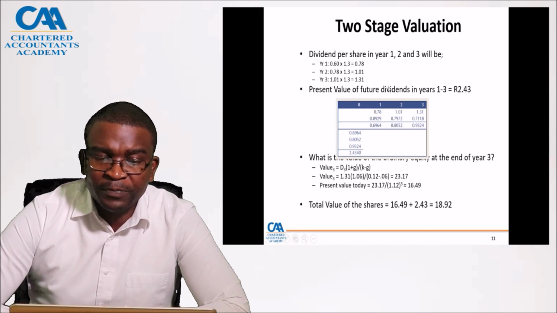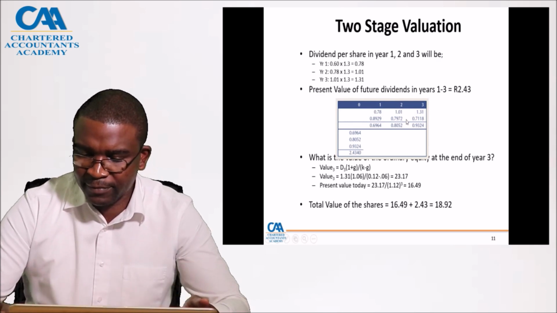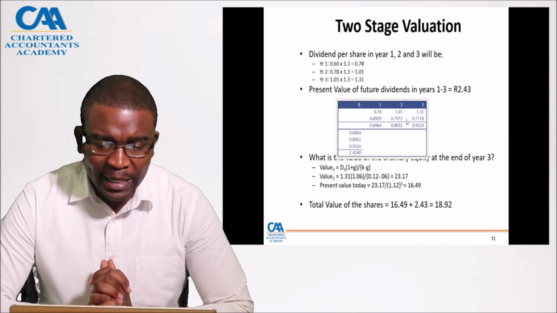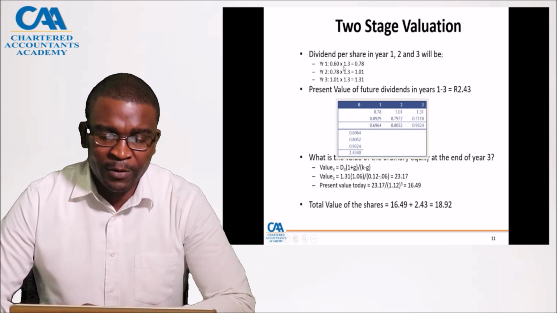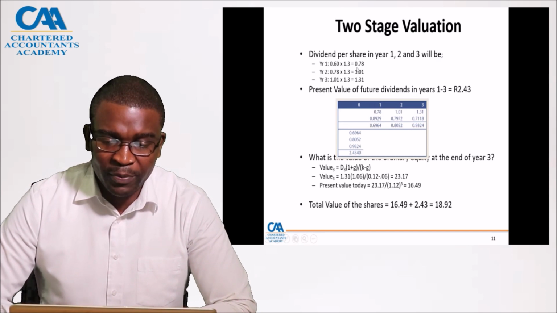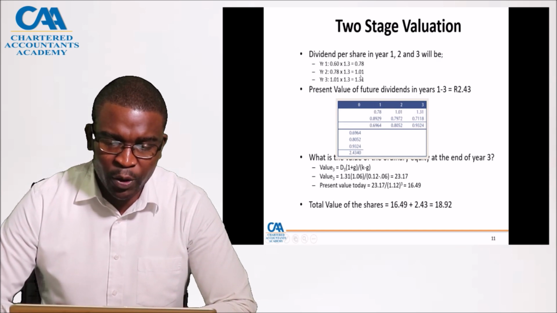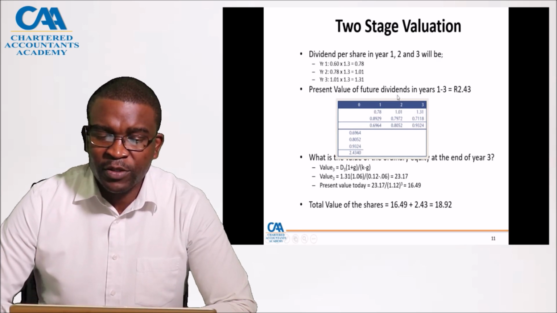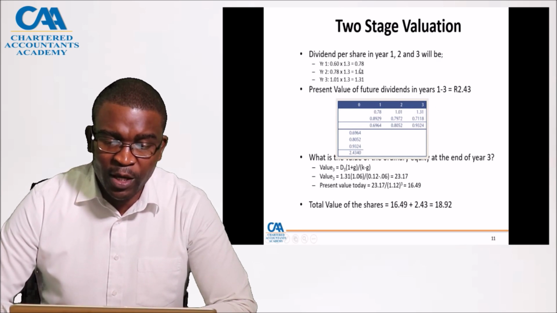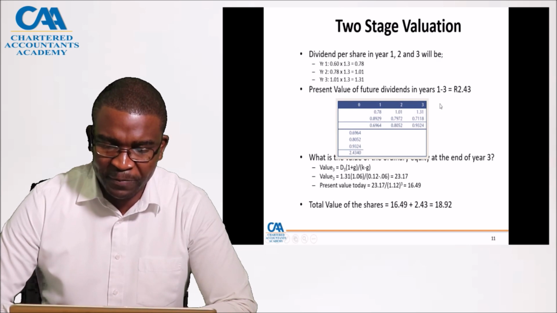The present value of future dividends in year 1 to year 3 will be equal to 2.43. So the present value of future cash flows from year 1 to year 3 becomes 2.43.